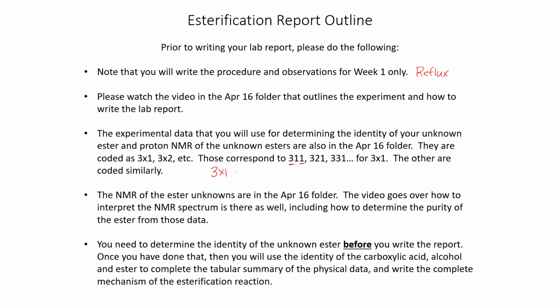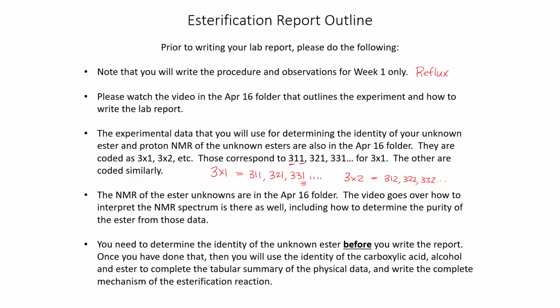So if you had an unknown number of 311, 321, 331 on down the line, if it ends in 1, you have unknown number 1. If it is a 3x2, that corresponds to all the unknown numbers that were 312, 322, 332, etc. So that's the coding scheme for these unknowns.